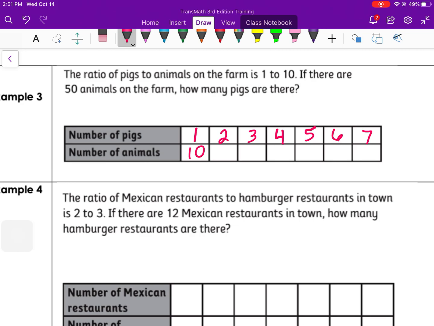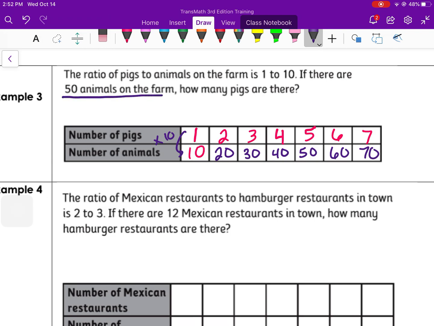And then I know that if it's 1 to 10, it's 10 times as many, because 1 times 10 is 10, which means that if there are 2 pigs, there are 20 animals. 3 pigs times 10 is 30. 4 times 10 is 40. 5 times 10 is 50. 6 times 10 is 60. 7 times 10 is 70.